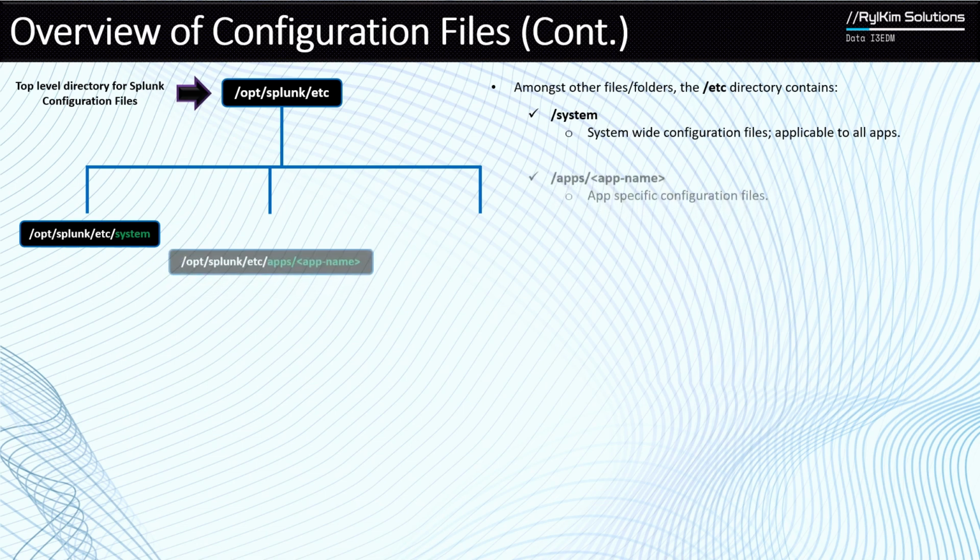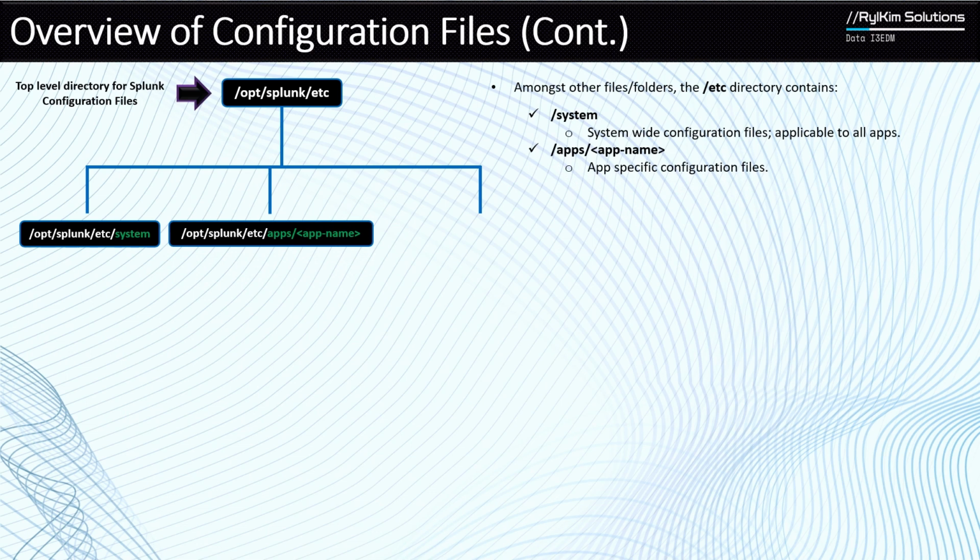The second one here is the app folder. Now there are configuration files that are specific for different apps. We said, for example, that the search and reporting app is the default app that you use to perform searches when you have some data indexed in Splunk from day one. So if you go into the etc folder, there is an apps folder there.